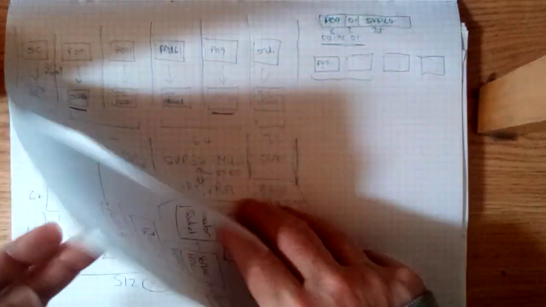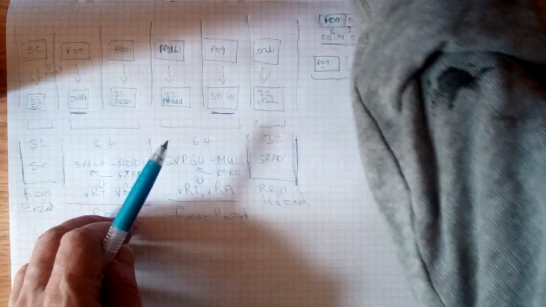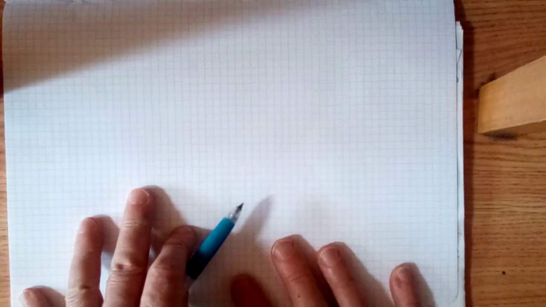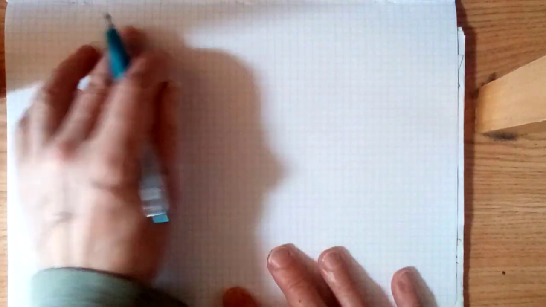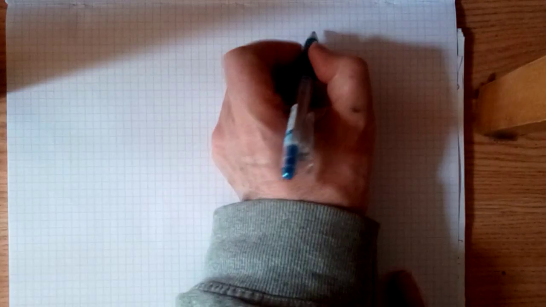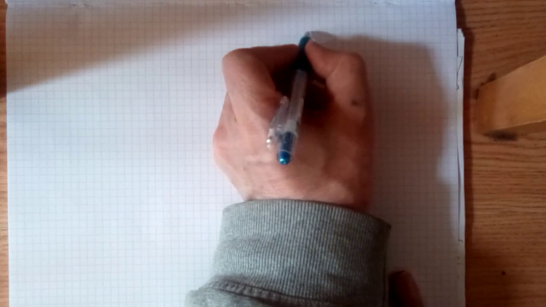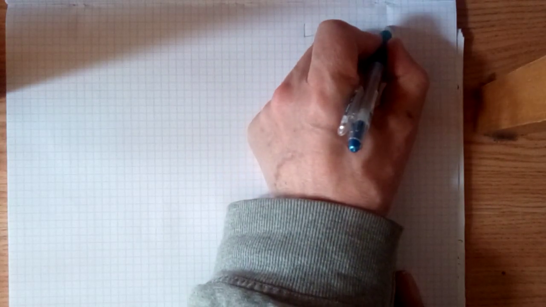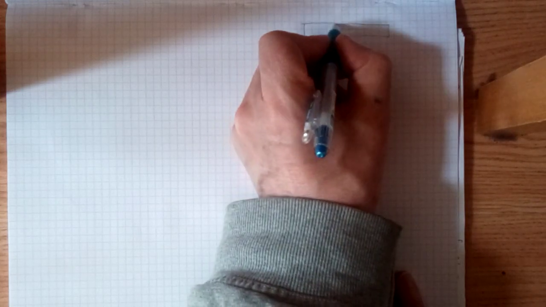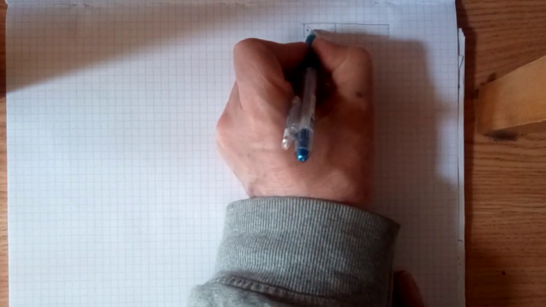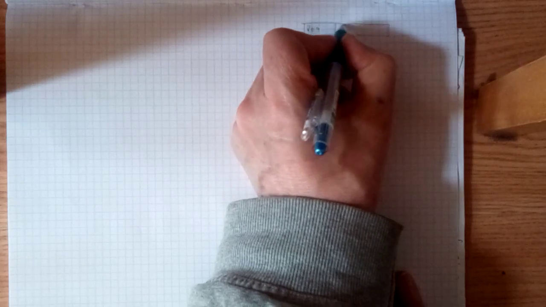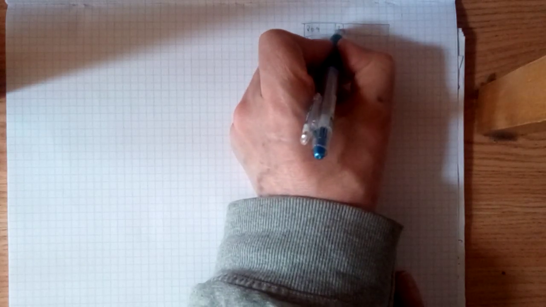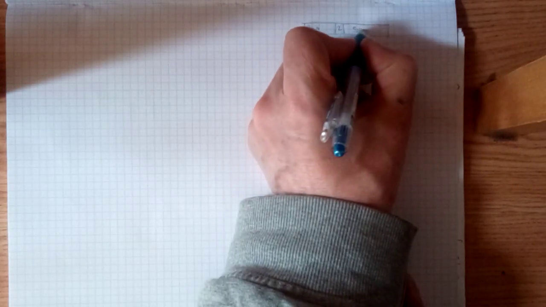Now, let me find a page. Let's say we decide, within that prefix area, P09, this is a 2-bit area, and that's SVP64.